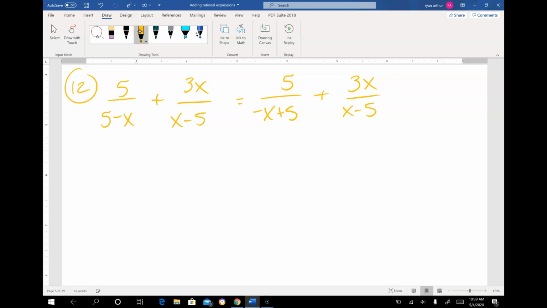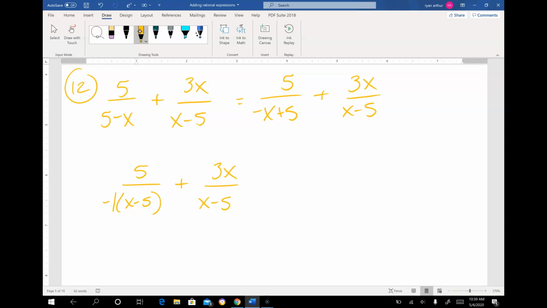Now, remember when I told you when your leading coefficient has a negative, factor it out. So that x is negative. Let's factor that negative 1 out. When I factor a negative 1 out, that literally just changes the signs, right? And it's going to be x minus 5 plus 3 over x minus 5.